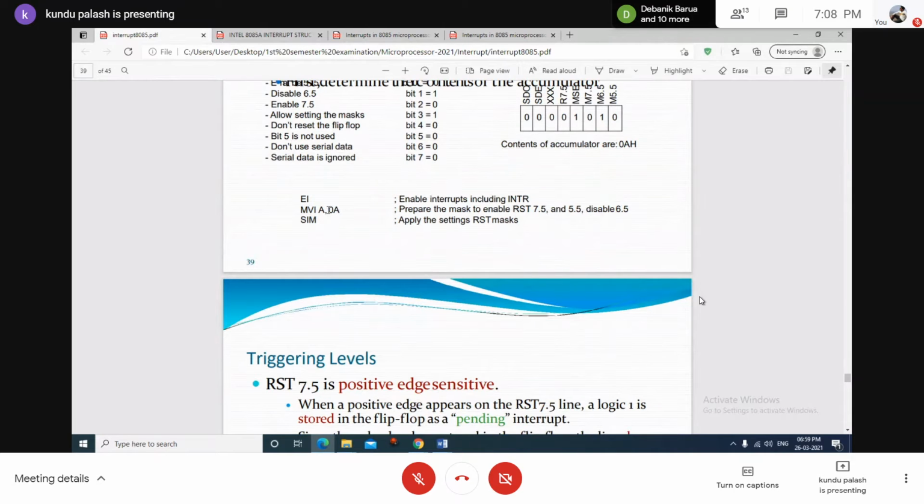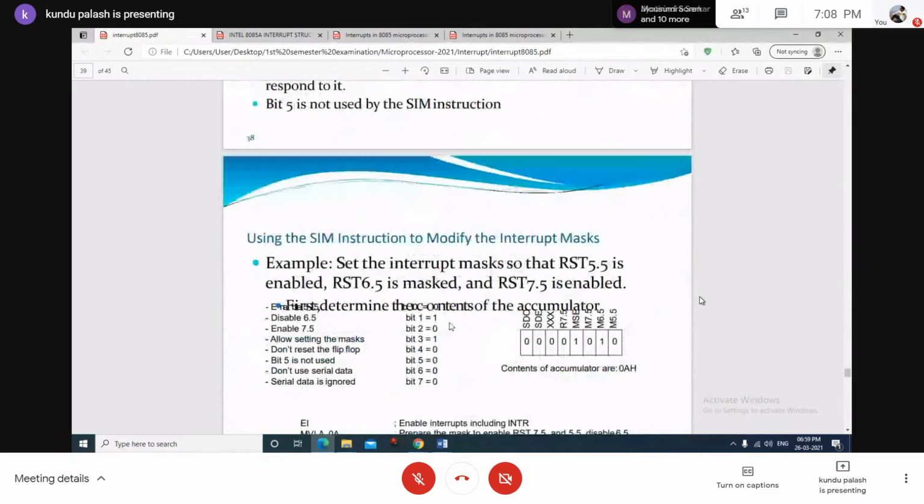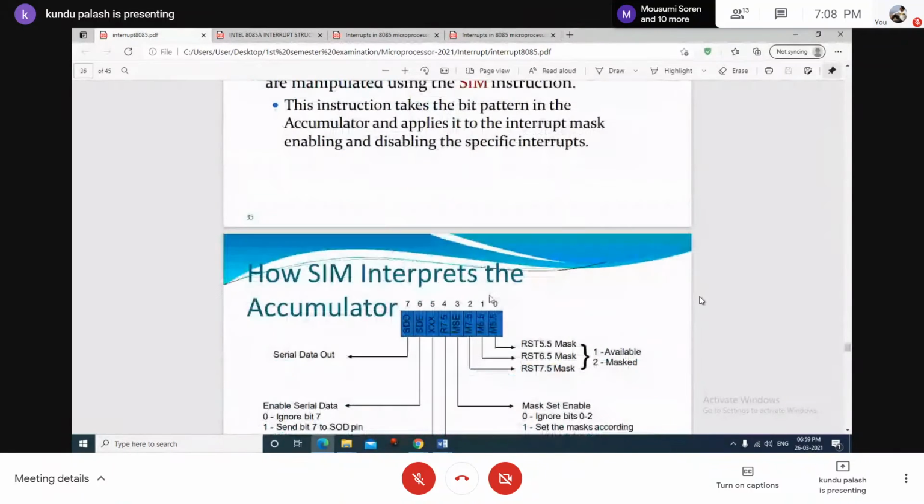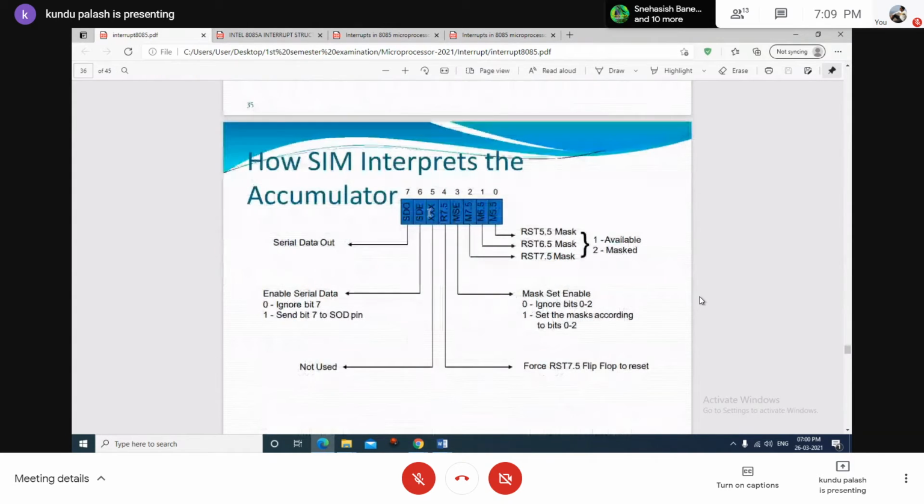Then the accumulator should be loaded with the immediate byte, MVI A with 0A. 0A means, according to these definitions, according to this byte pattern, 0A means 1010. So this should be set to 1, others are 0, and again this should be set to 1, or this should be set to 1, but that has got no meaning.